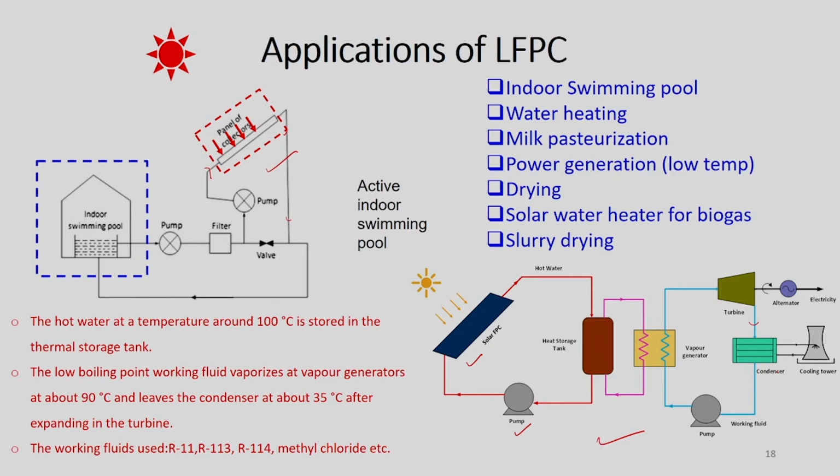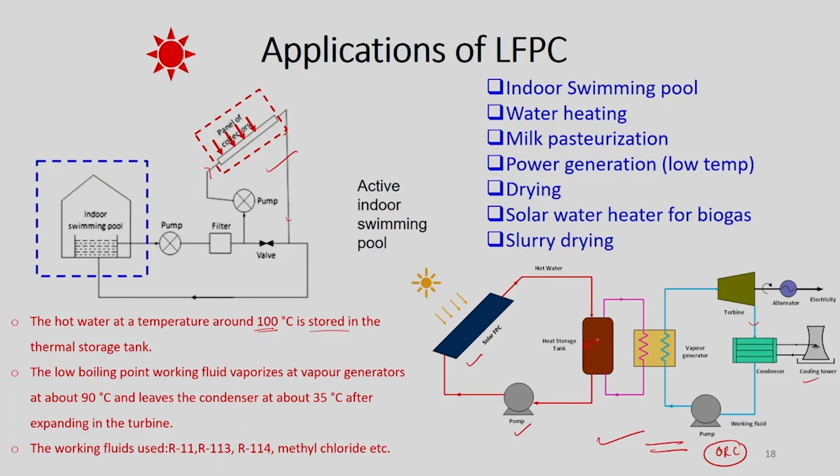Of course, we need some other devices like a cooling tower, because this has to be cooled. So this is an assembly. Here ORC is used. ORC is nothing but organic Rankine cycle, because an organic fluid is used. Here hot water at a temperature of around 100 degrees C is stored in the thermal storage tank.